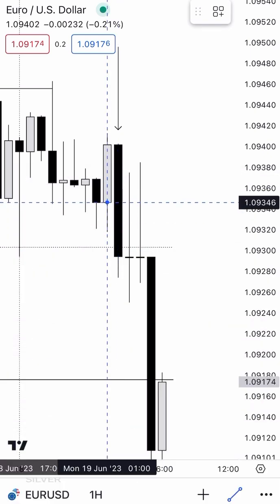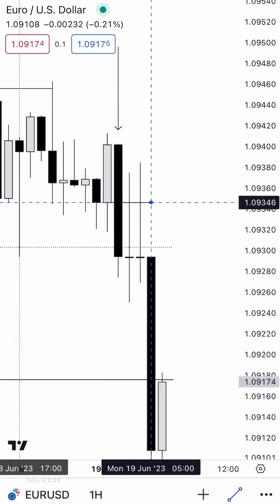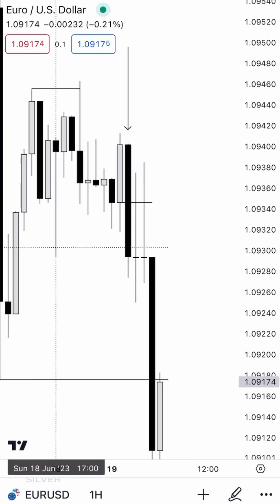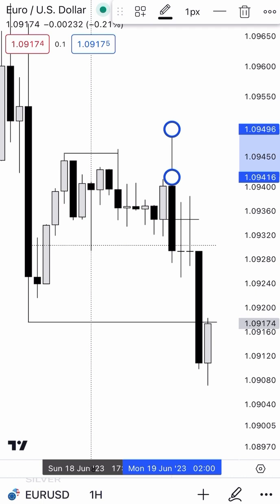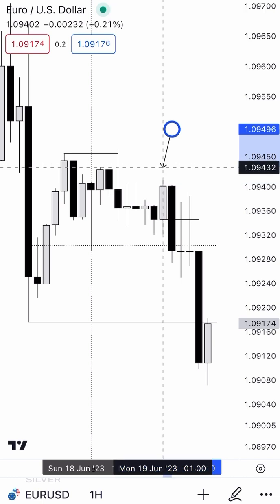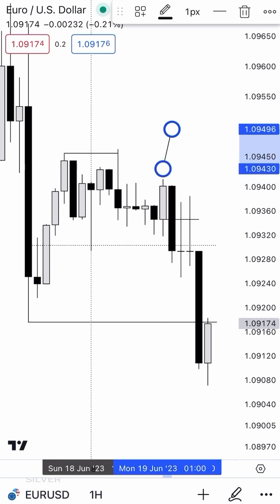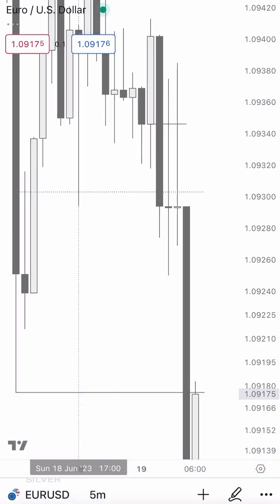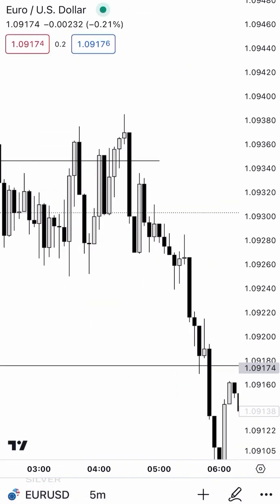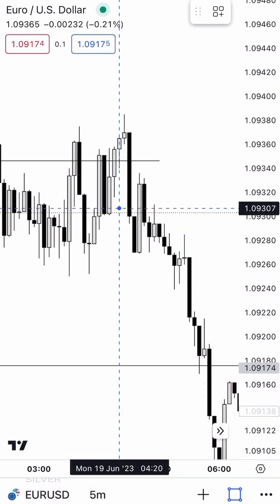Yes. Clear, bearish intent, right? And now we're relying on this one specific candle to push us down. So you can use this breaker or this breaker.